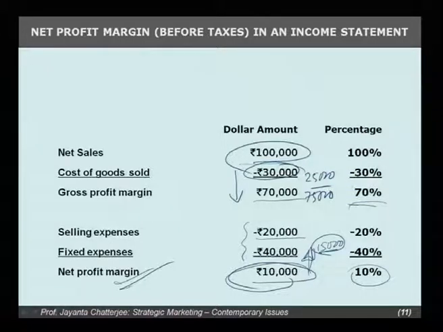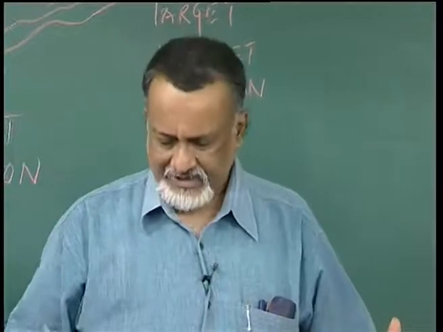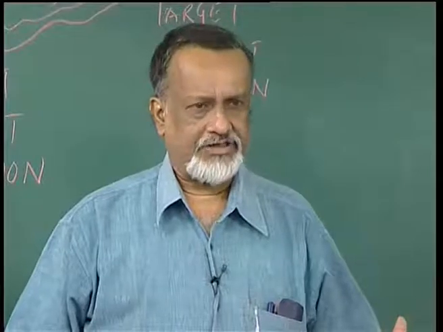If your selling expenses, like we were discussing about reduction of trade margin, could be cut by utilizing more electronic distribution, that again can make a significant difference. So, a 5,000 rupee decrease in COGS can lead to a 50% increase in your profit margin.